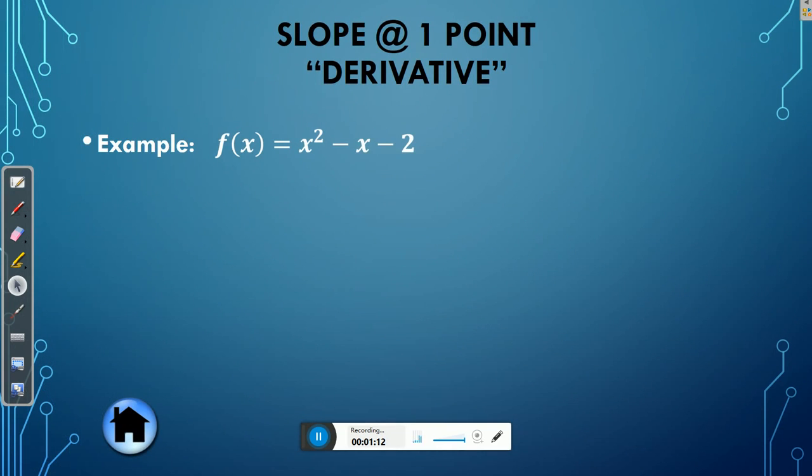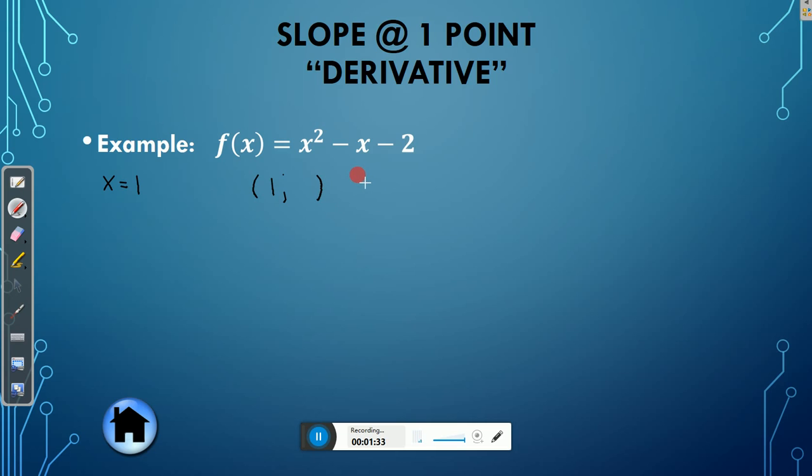We're going to take a look at the function x squared minus x minus 2. So to start off, we're going to find the slope at x equals 1. And so we're going to find the slope between 2 points. So the 2 points are going to be 1 comma something.